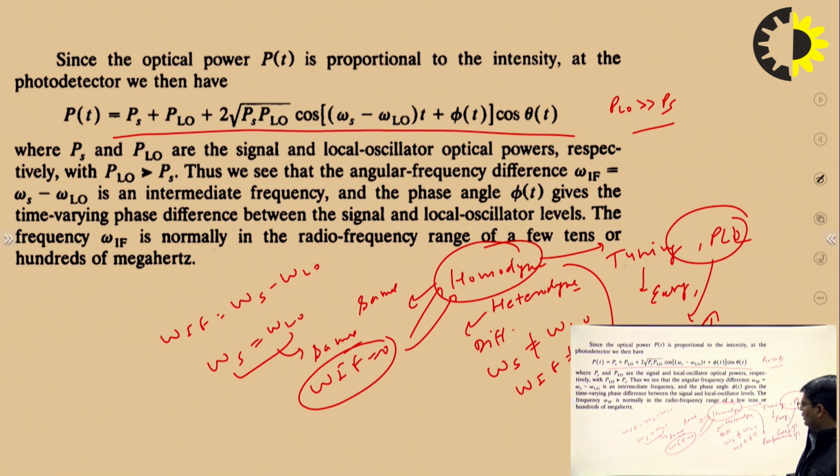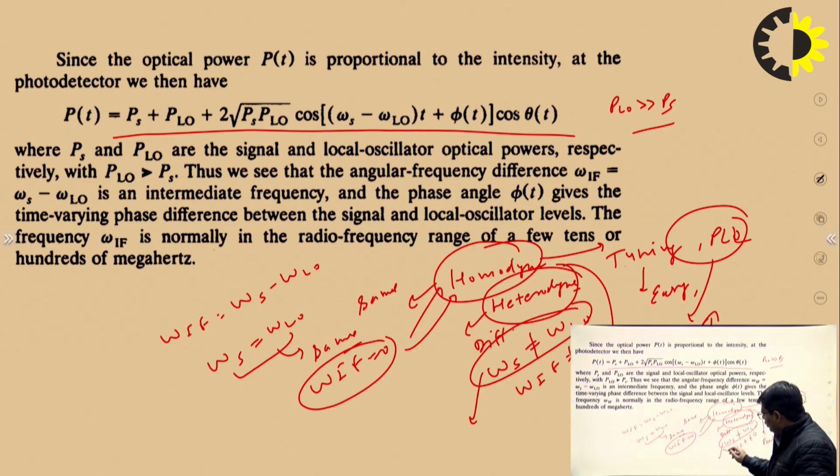Whereas if we compare heterodyne detection with homodyne detection, there is no requirement of matching of the two signals. So when there is no requirement of matching, it is very simple and easy to implement. Plus, there is no requirement of a tuning circuit or PLL circuit.